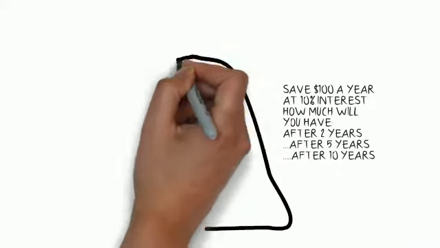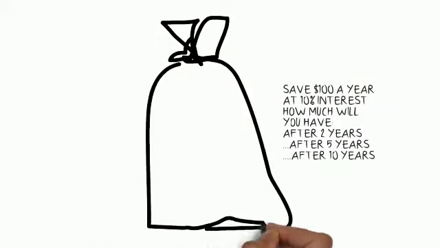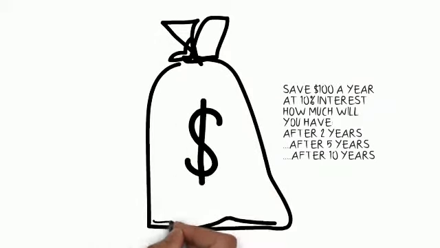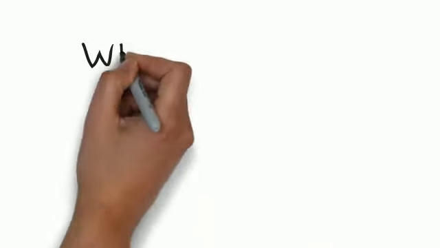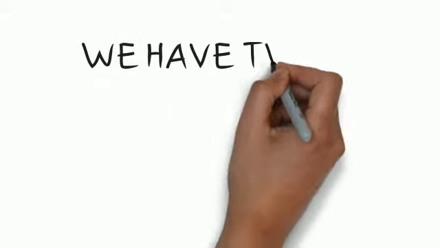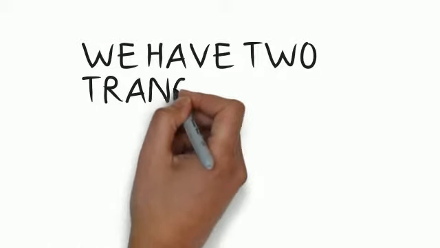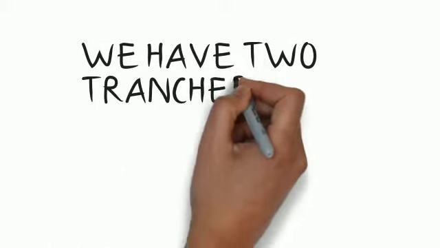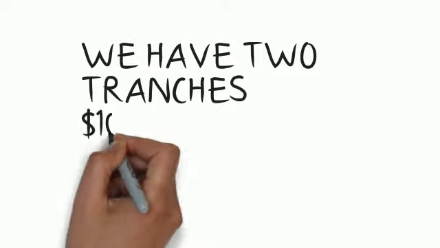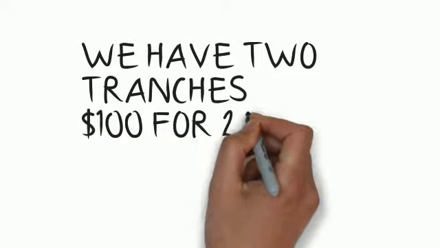So after 2 years, I have two tranches of money. I have $100, which has been there for 2 years and therefore has earned 2 years' worth of interest. And I have another $100, which has been there for 1 year and therefore has earned 1 year's worth of interest.